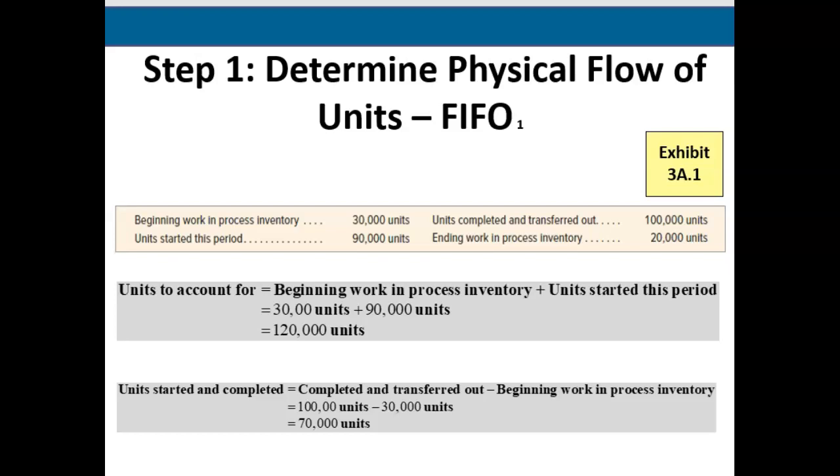FIFO assumes that the units in the beginning work in process inventory are the first units completed in the period. For Fit Mix, this means that of the 100,000 units completed and transferred out, we assume 30,000 are from beginning work in process inventory. This implies that 70,000 units were started and completed this period.